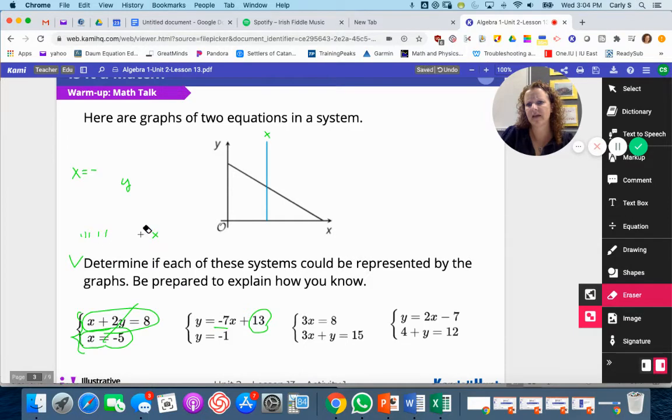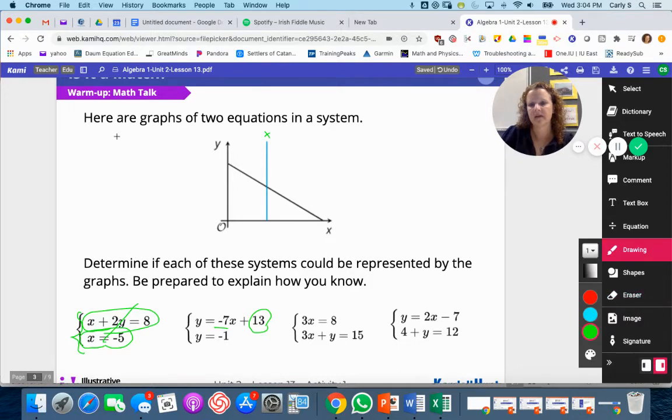If we look at our xy axis again, y equals -1 is a horizontal line that crosses the y-axis at -1. So that isn't correct. This next one, let's see.